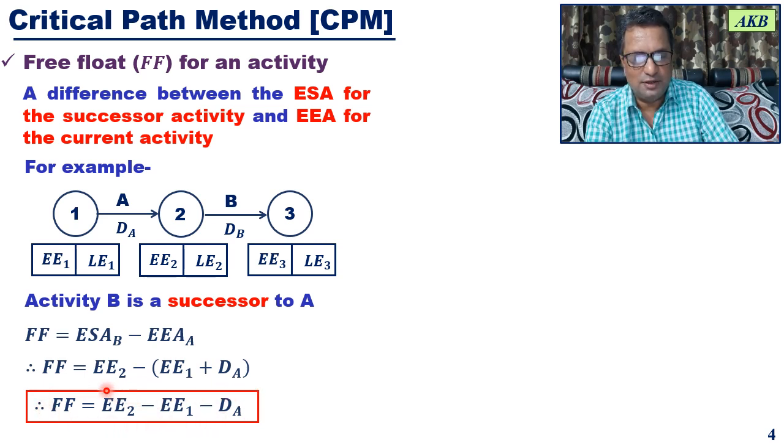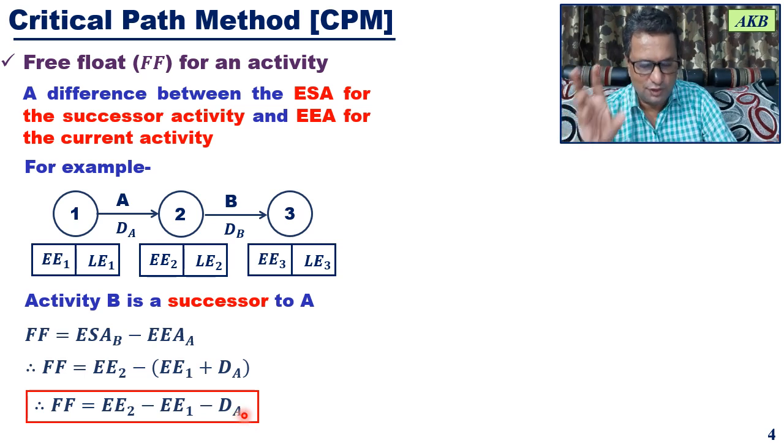So if you know EE2, if you know EE1, and if you know the activity duration, you can get the free float for that activity. So in words, how can you understand? Free float for an activity is equal to the earliest event time for the head event minus the earliest event time for the tail event minus the activity duration.